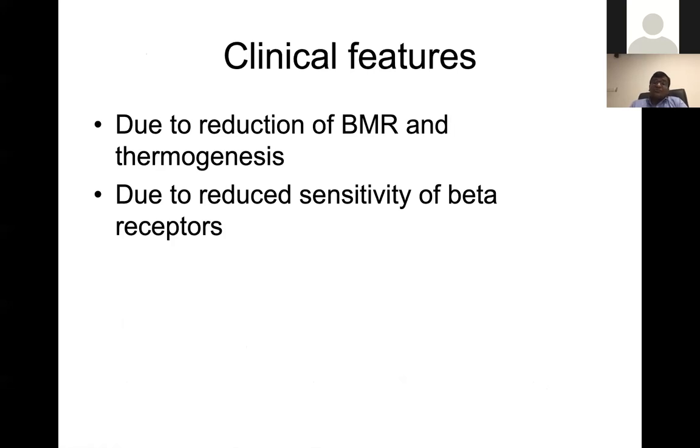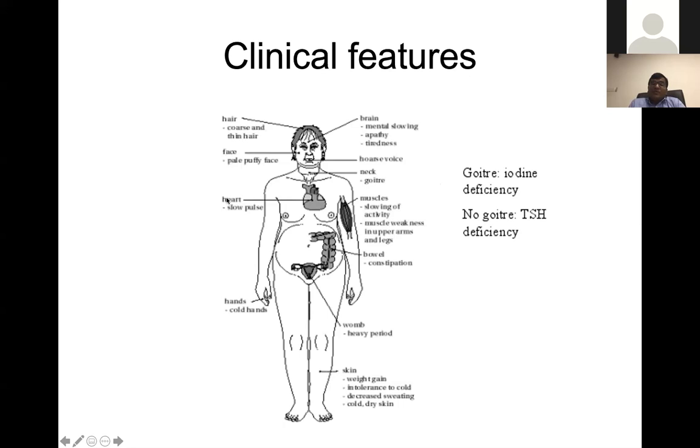So if you know the features of thyrotoxicosis, it is very easy to work out the features of hypothyroidism. It's due to reduction of basal metabolic rate and thermogenesis, as well as other effects on the sensitivity of the beta receptors, which is reduced in hypothyroidism.